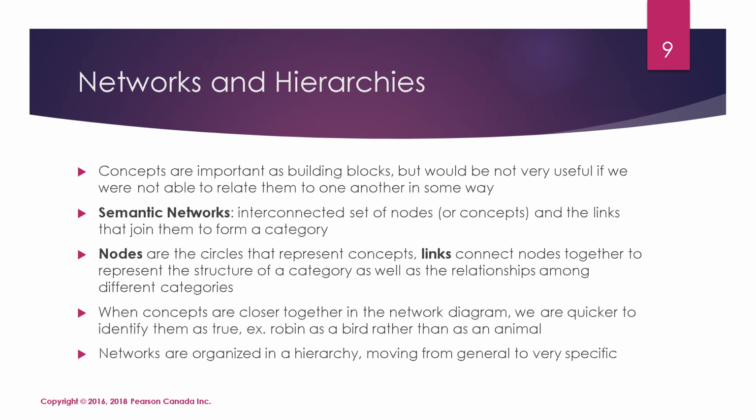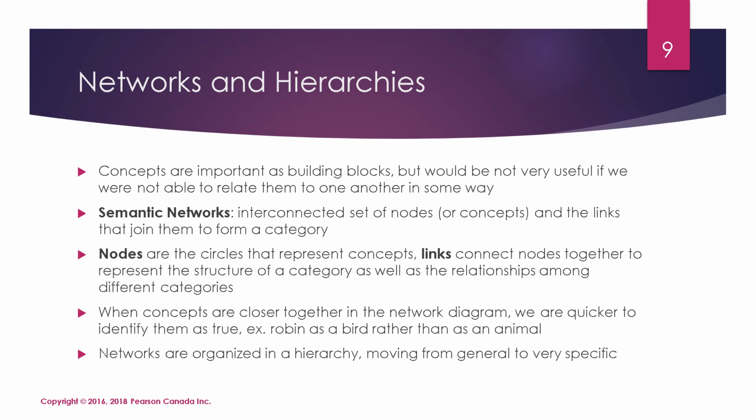I know that sounds complicated, but I'll show you an example in a minute. Our nodes are the circles that represent concepts, whereas the links connect the nodes together and represent the structure of a category, as well as the relationships among members of different categories. When concepts are closer together in the network diagram, we are quicker to identify them as true.